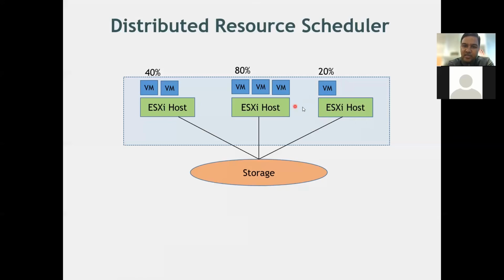In that case, better utilization of resources will be possible. And that is the job of the DRS. So DRS helps in balancing the load across the ESXi cluster. If we don't have a DRS, this balancing of the load will not be possible in VMware.